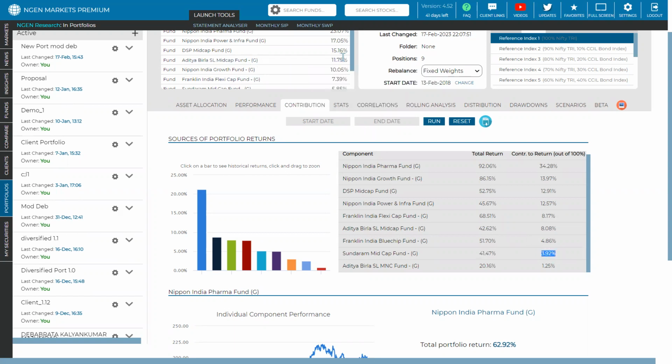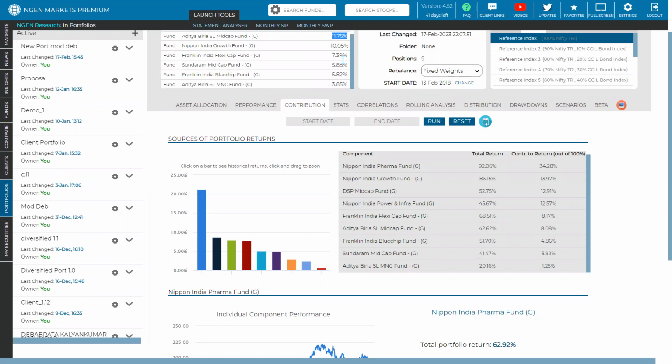You can definitely see Aditya Birla is 11% allocated, whereas Sundaram is allocated just 5.85%. Based on correlations, you would choose either one of them, and the inclination can be toward Aditya Birla based on your own preferences. Thank you.